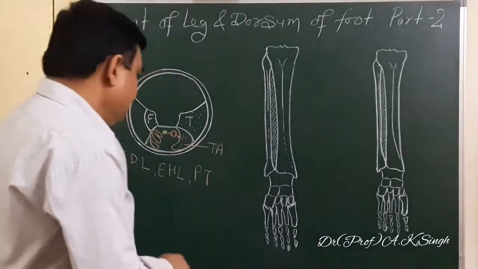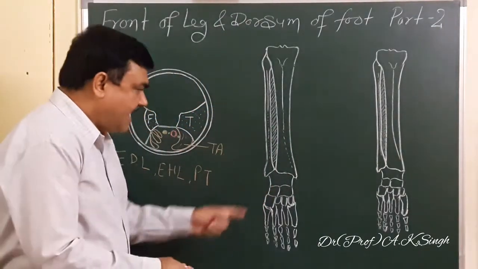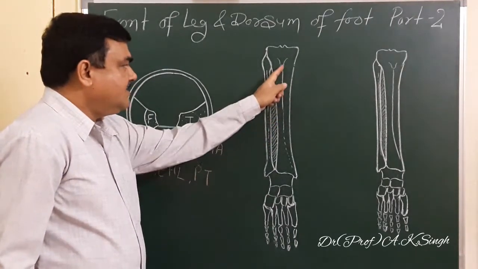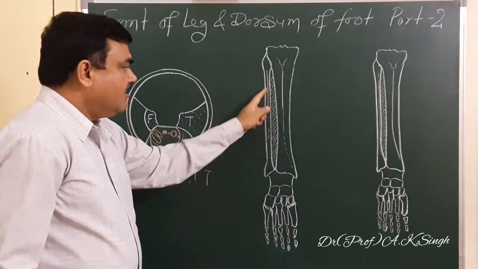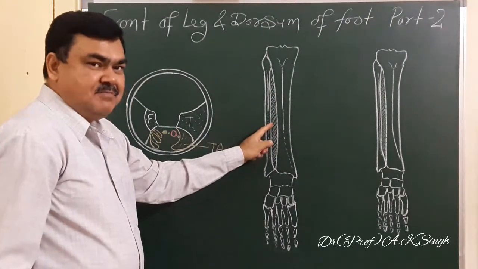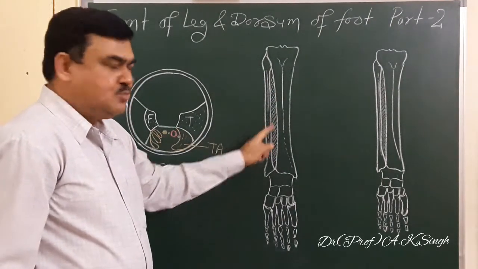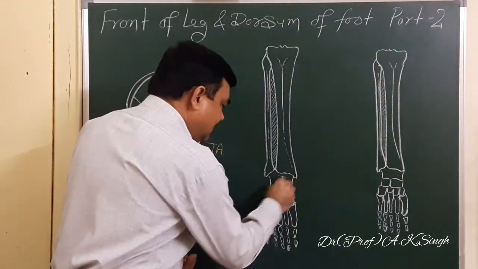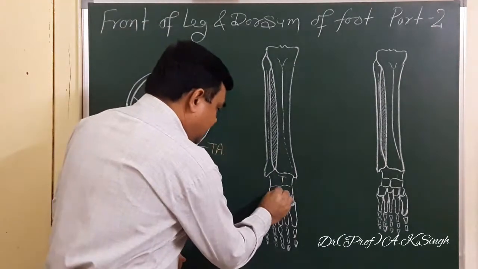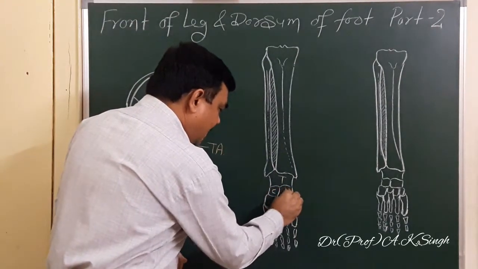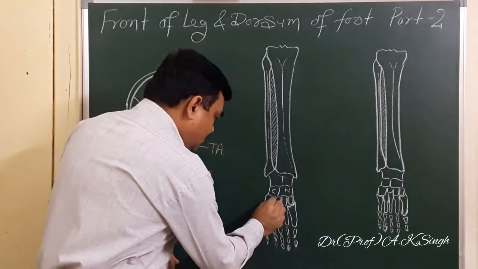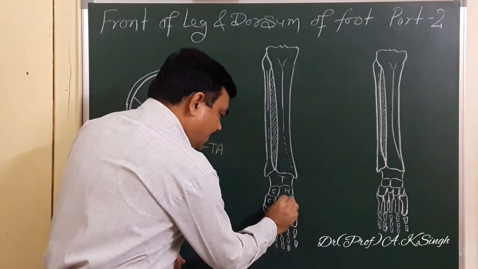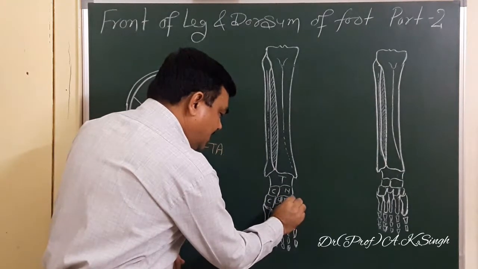Here, in this diagram, you can see this is the tibia, this is the fibula, here is the anterior border of the tibia, the anterior border of the fibula, and this is the interosseous membrane between these 2 bones. Here is the talus, here is the calcaneum, the navicular, the cuboid, the lateral cuneiform, intermediate cuneiform, and medial cuneiform.